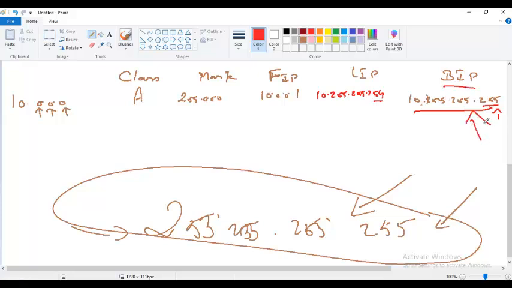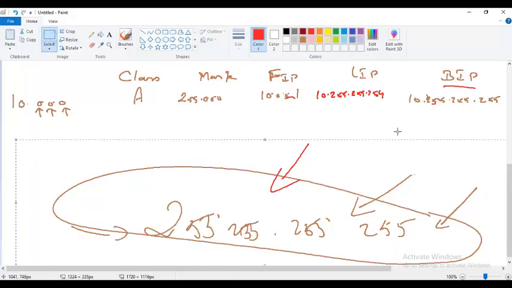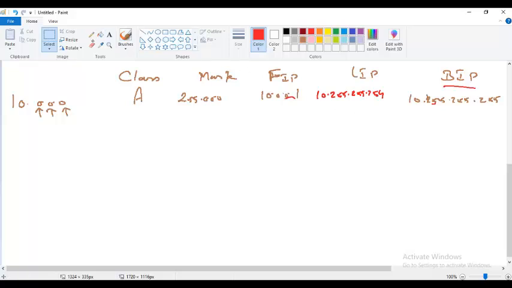So you know the difference between a network broadcast address and global broadcast address, correct? This is just the 10 network broadcast address, whereas this one is the global broadcast address. So if someone is saying layer 3 broadcast address, it means 255.255.255.255. This is what is called layer 3 broadcast address, global broadcast address.